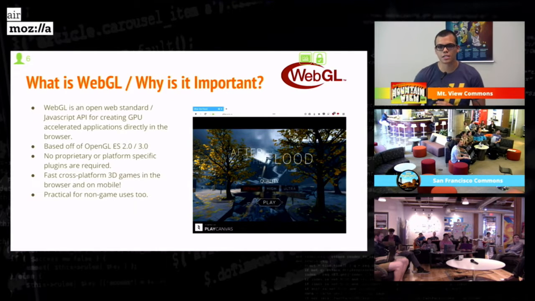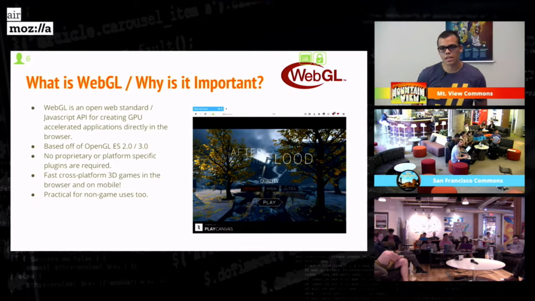So first I should explain what WebGL is. WebGL is an open standard for creating graphics accelerated applications. What that means is basically any kind of interactive 3D program running in the web browser. It's powered by a technology called WebGL, which is a derivative of OpenGL, an API for making cool graphics.